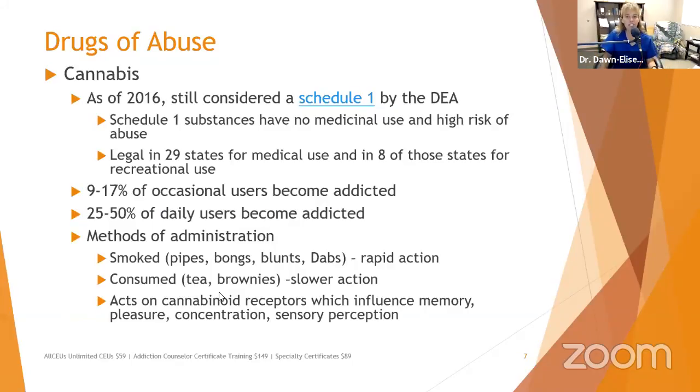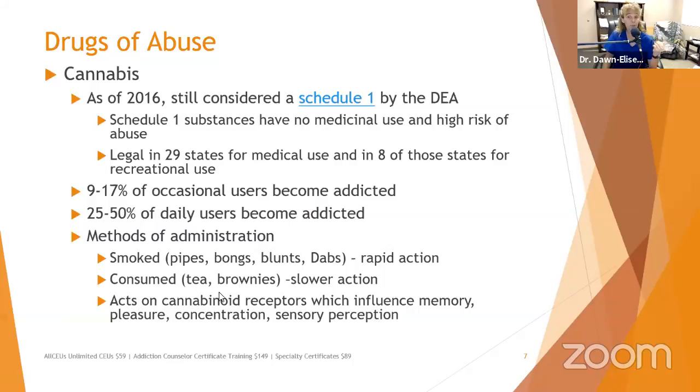9 to 17% of occasional users of marijuana become addicted, and 20 to 50% of daily users become addicted. So yes, cannabis can be addicting. Methods of administration of cannabis include being smoked or consumed.